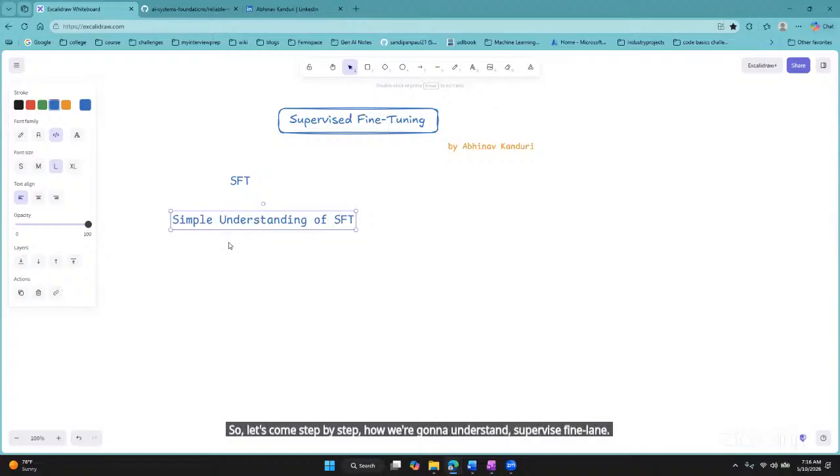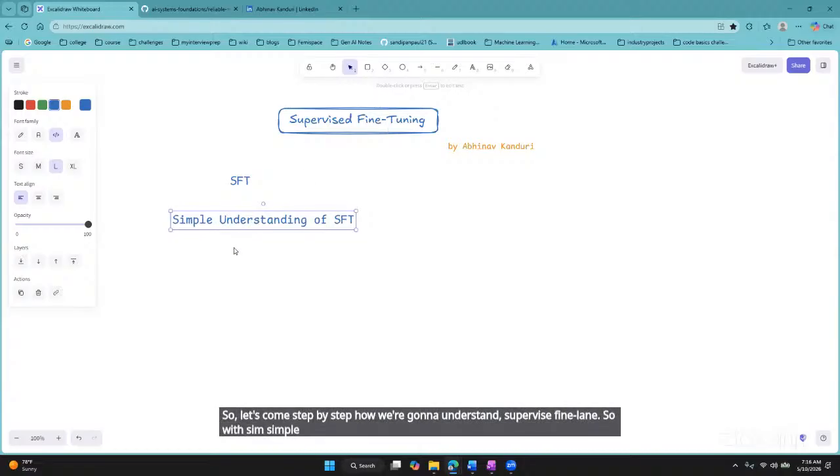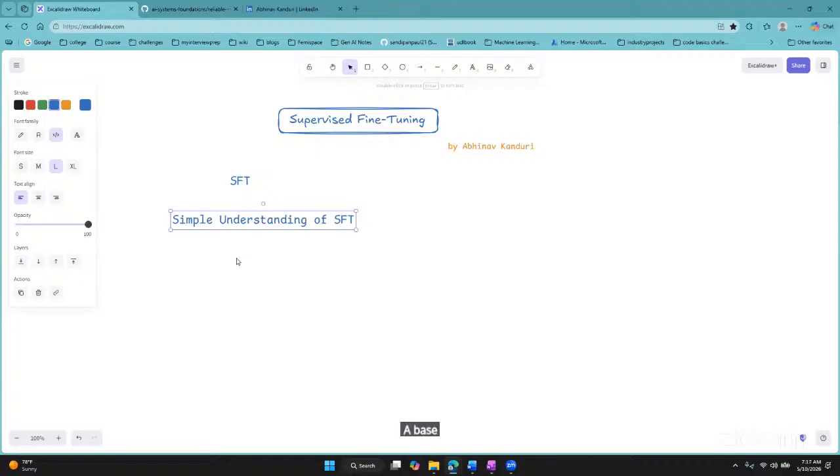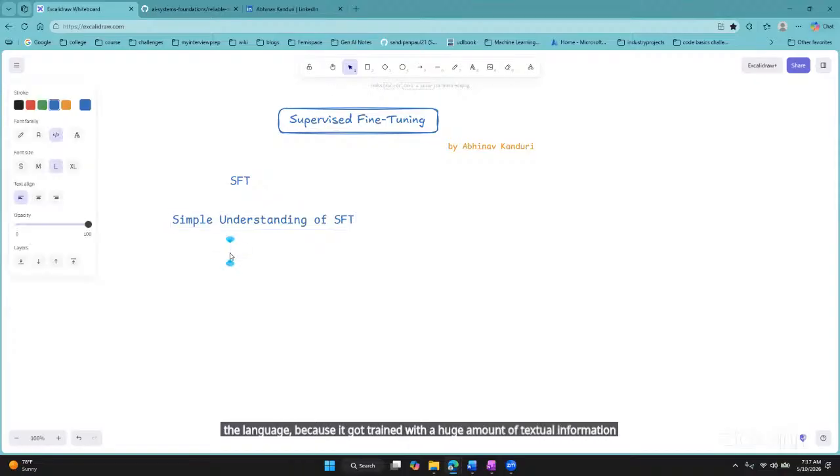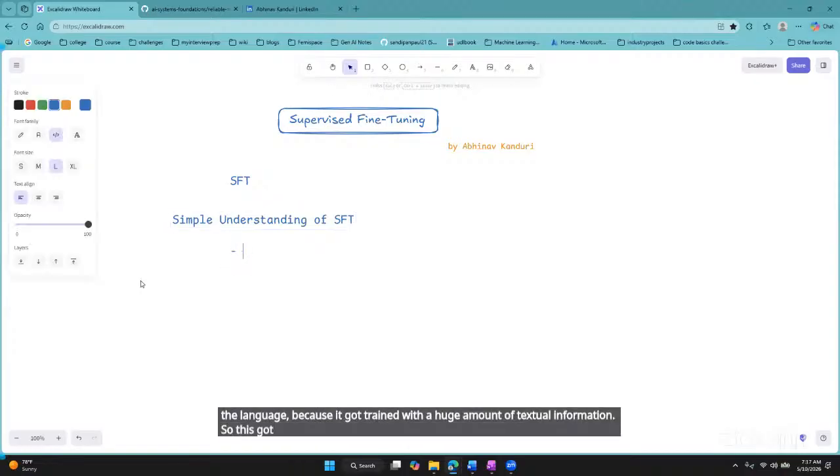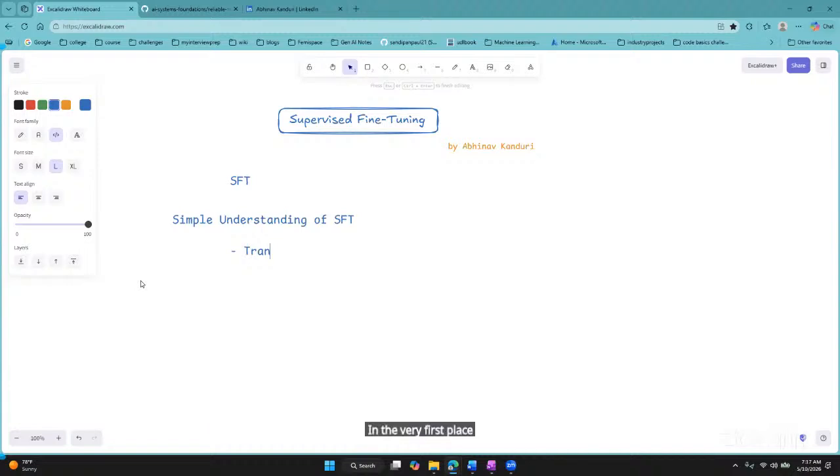In very raw terms, a base LLM model already knows the language because it got trained with a huge amount of textual information. So in the very first place, this got trained with huge text information.